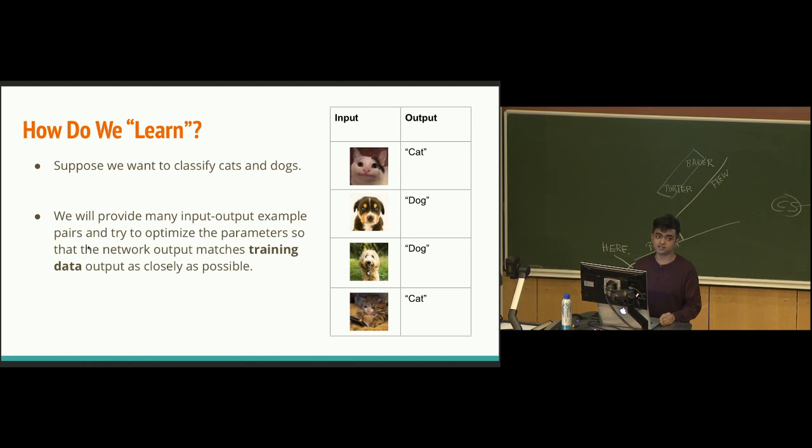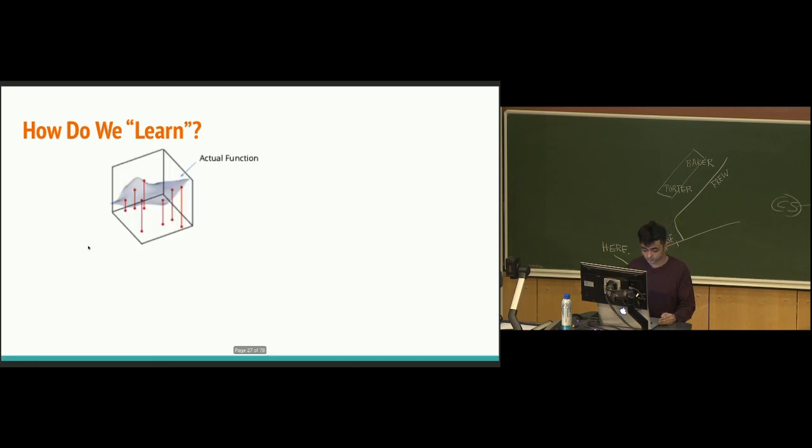Our aim is to match the training data as close as possible, and hope that if our training is correct, then if we give in a new example, the network will also be able to classify that correctly. And for that, we need a quantification of an error term. That error term would tell us how far we are from the actual function that we want to represent.